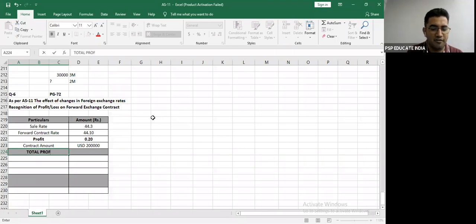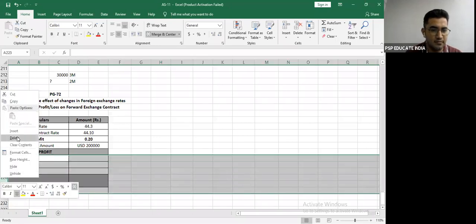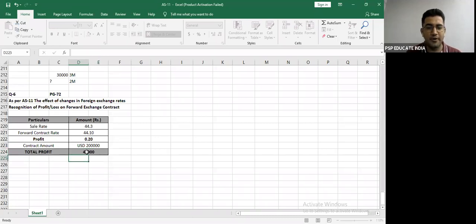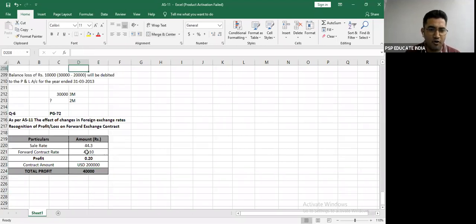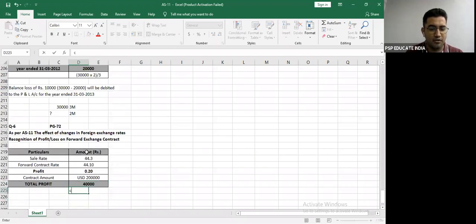Tell me, total profit will be 2 lakhs into 0.20, 40,000. This entire total gain of 40,000 will go to the profit and loss account.